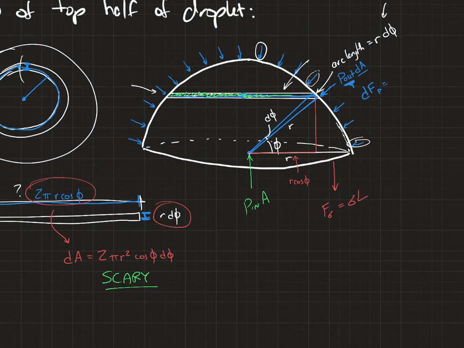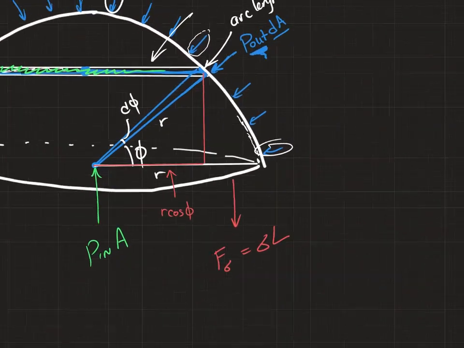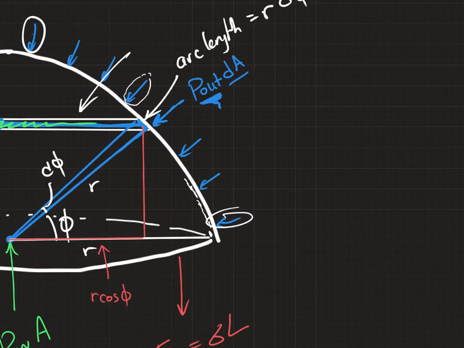Based on everything that I just did, the force of pressure on this one little cylinder, or line around Charlie Brown's head, equals the pressure on the outside times the differential area.